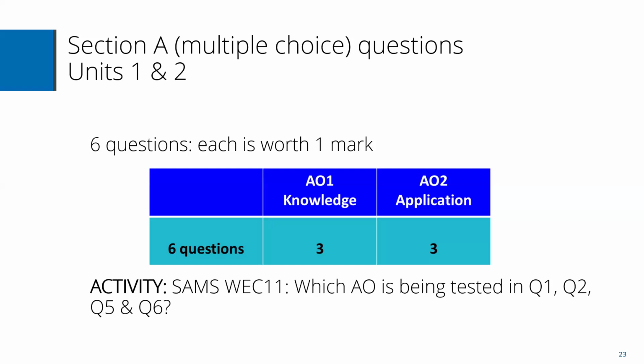Ceteris paribus, the cross elasticity of demand for sunflower oil following a price change in rapeseed oil is equal to, and then there are 4 values given. So that is AO2 application because it requires the student to look at the data in order to do a calculation. So it's not just a straightforward concept, there is that application required to link it to the points.